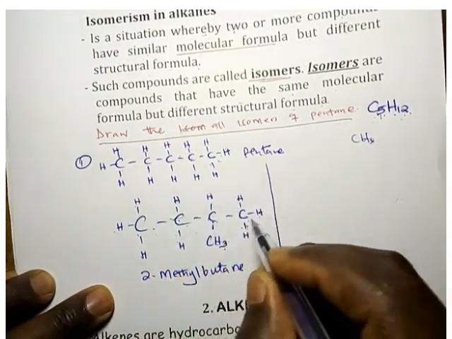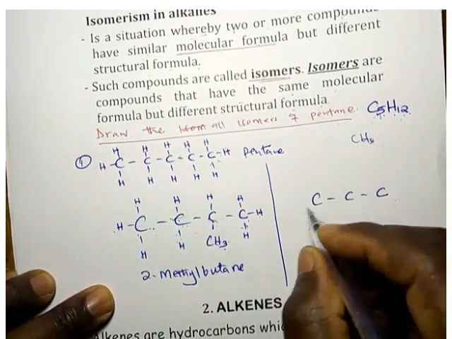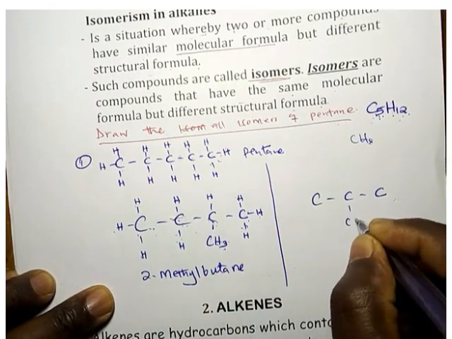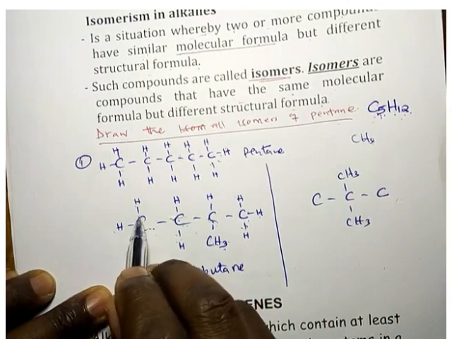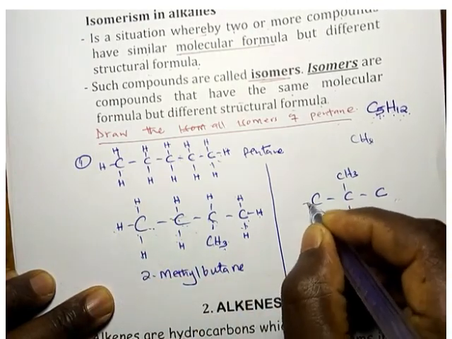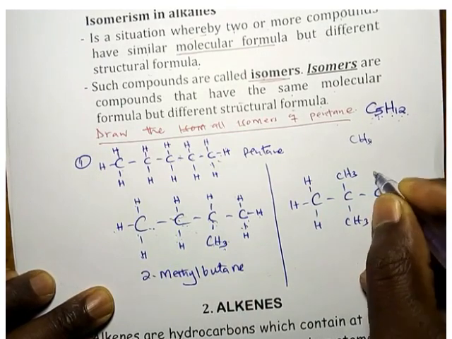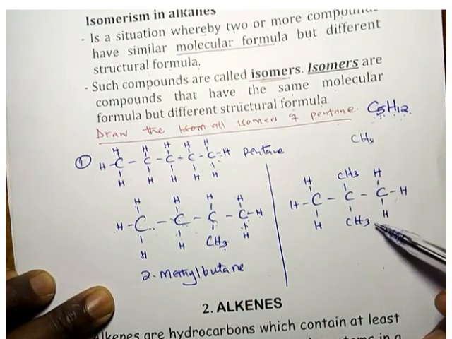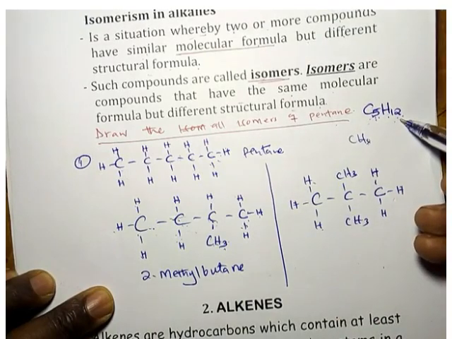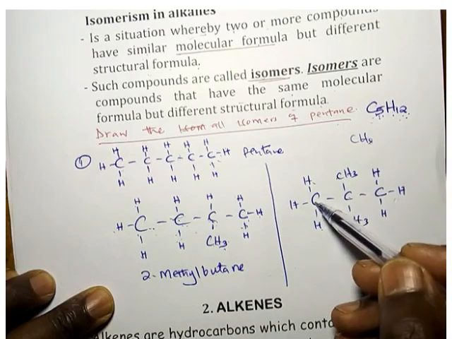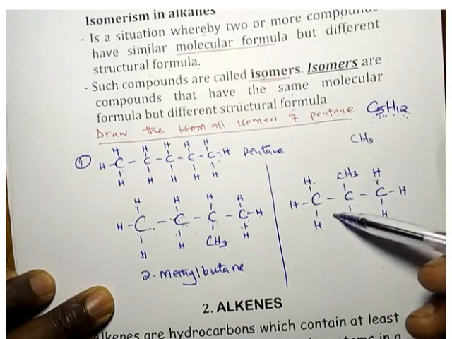If I remove this one, we will have 3 remaining. Now I take the one I have removed and put it here as CH3, and the one that was there I also put here as CH3. Then on the remaining ones I put hydrogens. If you count them all, it will be 12 hydrogens, and carbons 1, 2, 3, 4, 5. The same molecular formula but a different structural formula.